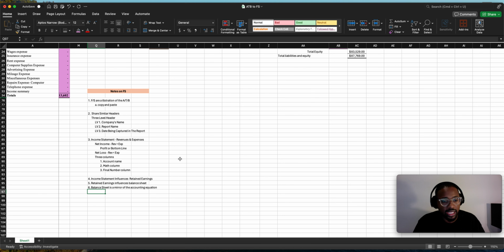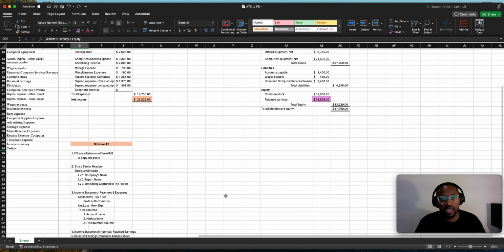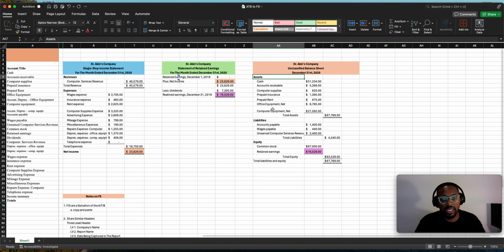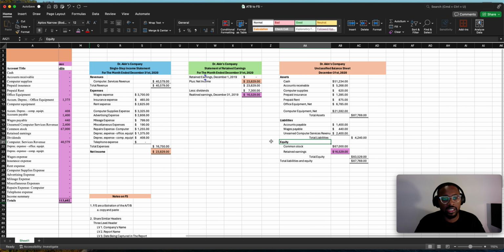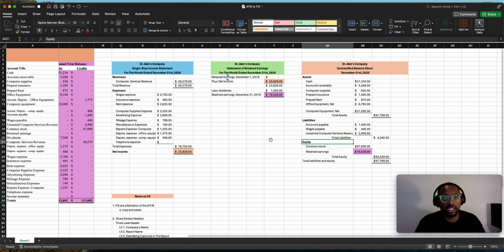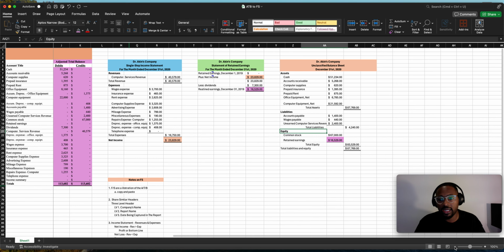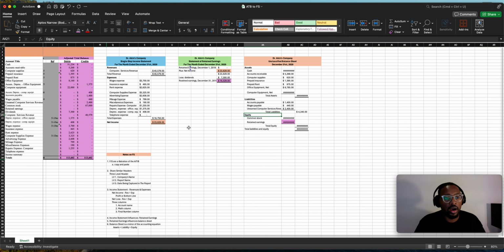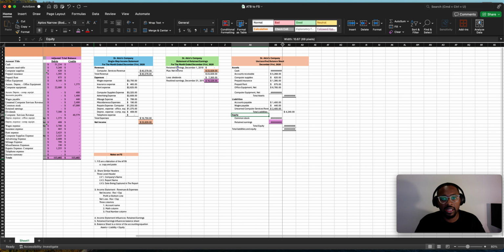But essentially, the accounting equation is assets equals liabilities plus equity. So that's all we're doing with the balance sheet. We're really just representing or illustrating this concept. So you have your asset section here, liability section here, equity section here. So what you do again is you go to, let me back out of here, we go to our adjusted trial balance.